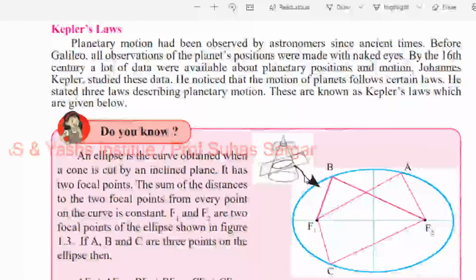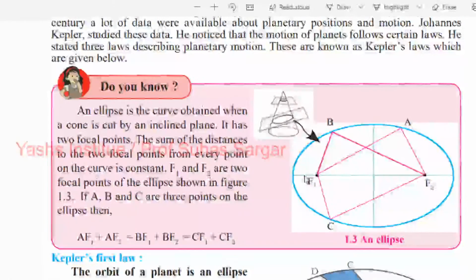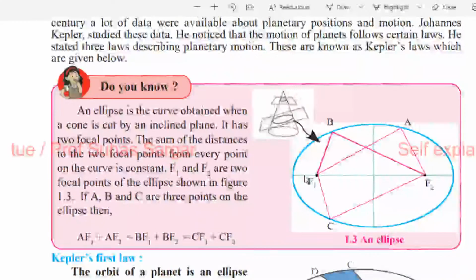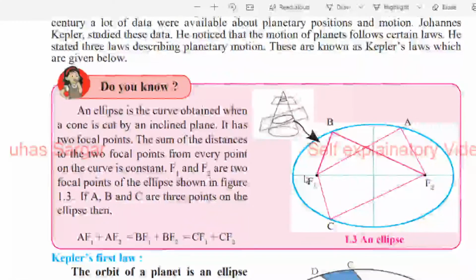Do you know? Figure 1.3, an ellipse. An ellipse is a curve obtained when a cone is cut by an inclined plane. It has two focal points. The sum of the distances to the two focal points from every point on the curve is a constant.